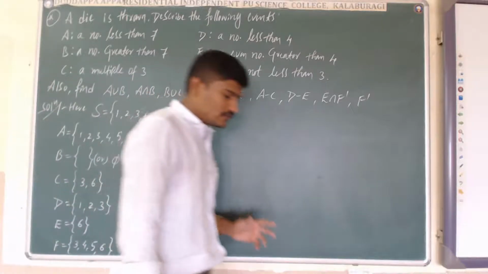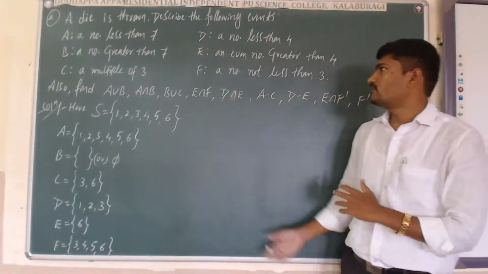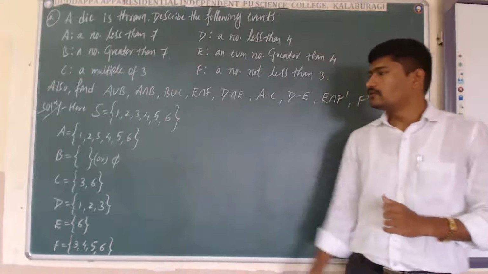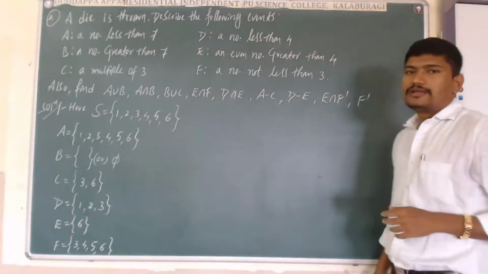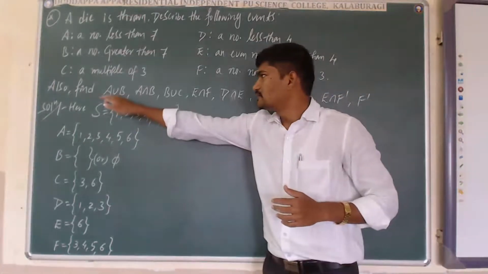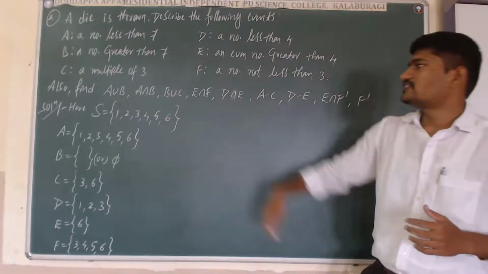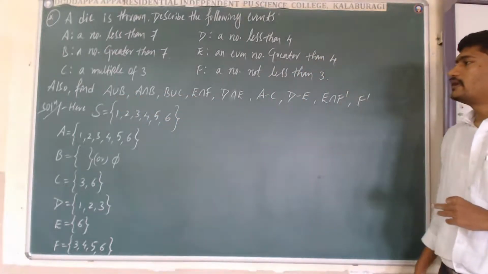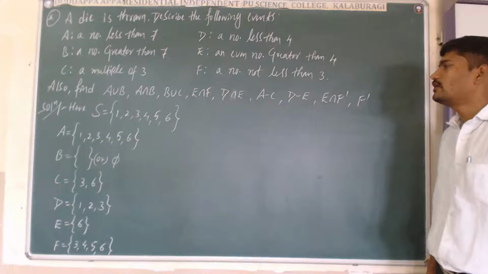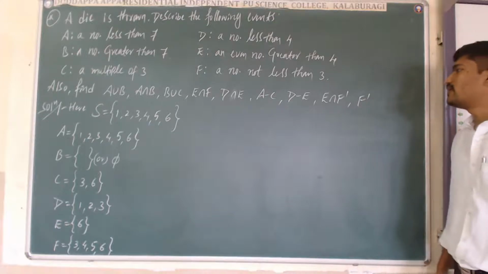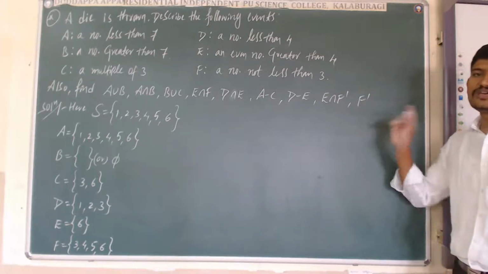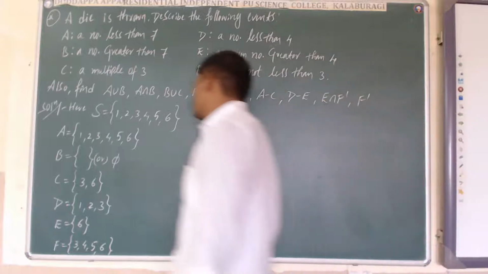So these are the conversions of the given events. Okay. One part is over. Next we must find A union B, A intersection B, B union C, E intersection F, D intersection E, A minus C, D minus E, E intersection F dash. Okay. Let us see one by one.